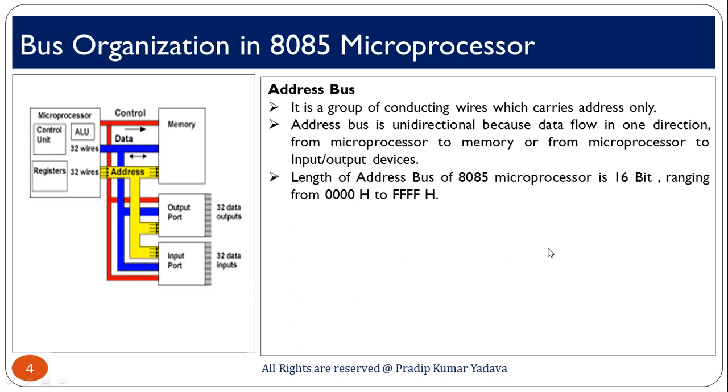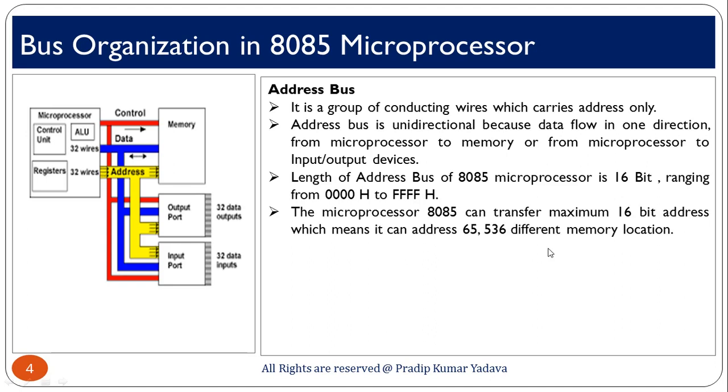That direction is from the microprocessor to memory or from the microprocessor to an input output device. And the length of the address bus of the 8085 microprocessor is 16-bit, ranging from 0000 to FFFF. Now the microprocessor can transfer a maximum 16-bit address, which means it can address 65,536 different locations, meaning when you do 2 power of 16, you get this number, including 0.